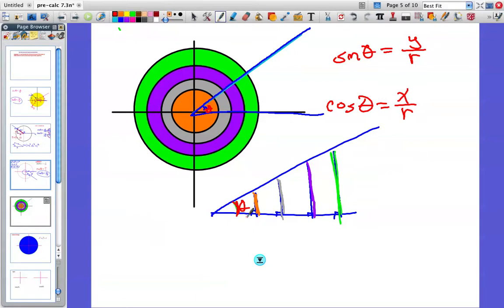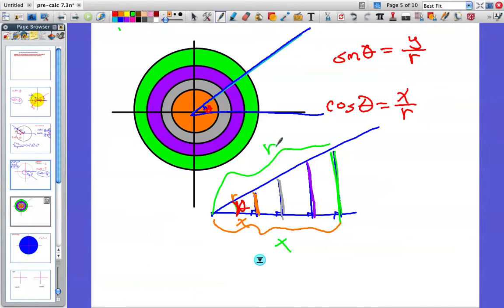So on the orange one, this x over this r, how would that compare to the green one if I said this x over this r? Tell me about similar triangles. Same shape, different size. Tell me about the ratios of the corresponding sides on similar triangles.